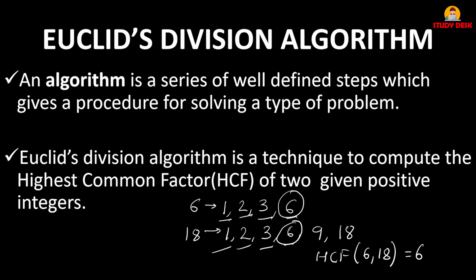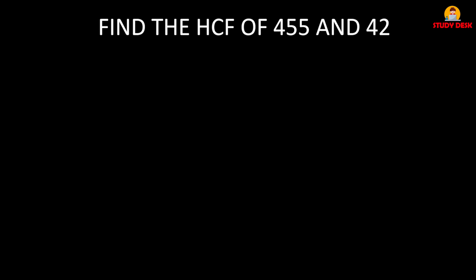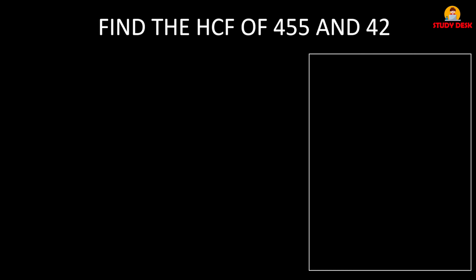Now, this process is very time consuming. So, Euclid's division algorithm will give us a technique with the help of which we can easily calculate the highest common factor of two given positive integers. Now, let's find the HCF of 455 and 42. Here 455 is greater than 42, right?